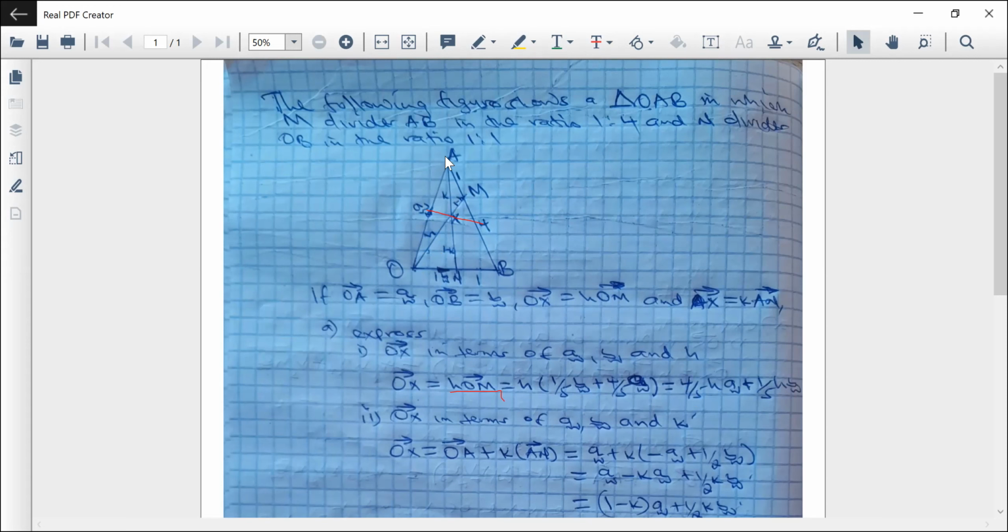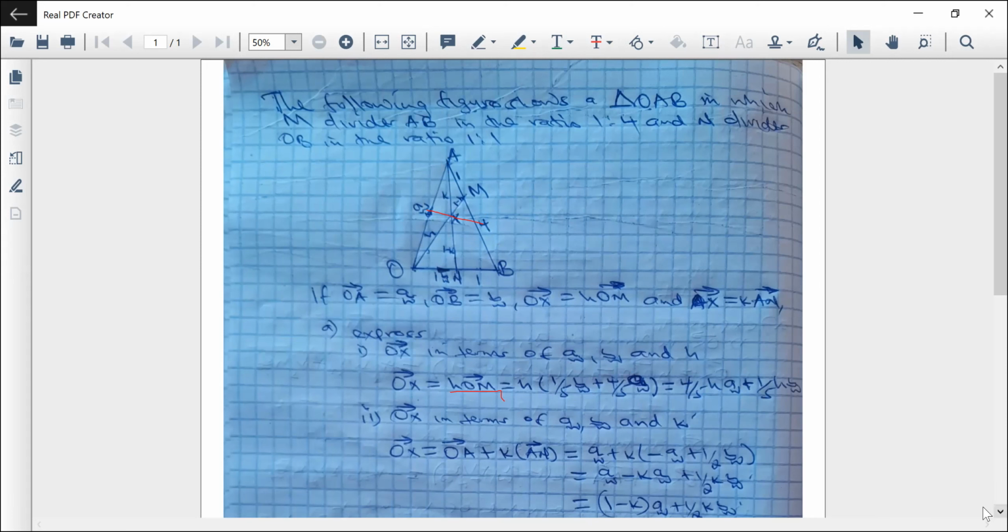If we take this 1 over total, which is 5, you multiply by the opposite vector, which is vector B. So that's why H into 1 over 5 vector B. Then plus, if I take 4 from M to B over total 5, I multiply by the opposite vector, which is A. So you find 4 over 5 vector A. If I open the bracket, I get 4 over 5 H vector A plus 1 over 5 H vector B.